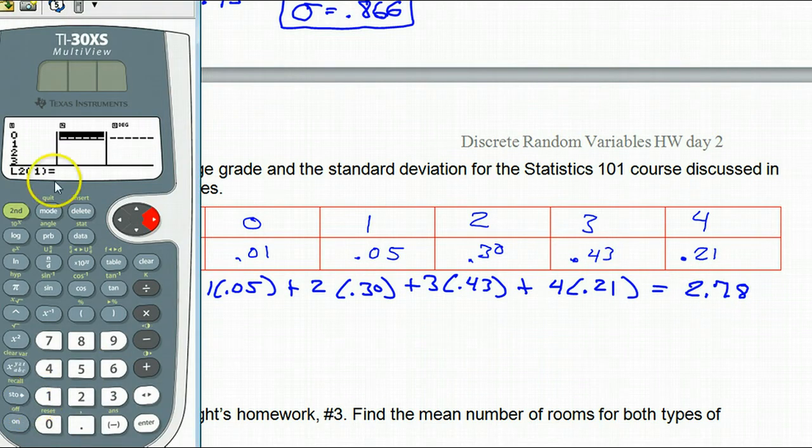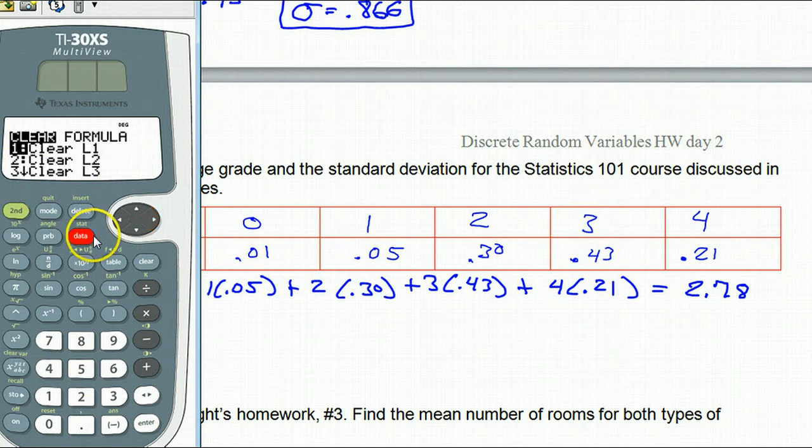Alright guys, just for fun, I'm going to do this on the calculator using the table feature. For a problem this short, it's just as easy, maybe even easier, to do it by hand, but I feel like you should know how to use the calculator, so here goes. If you type all the x values into list 1, that's what I've done.